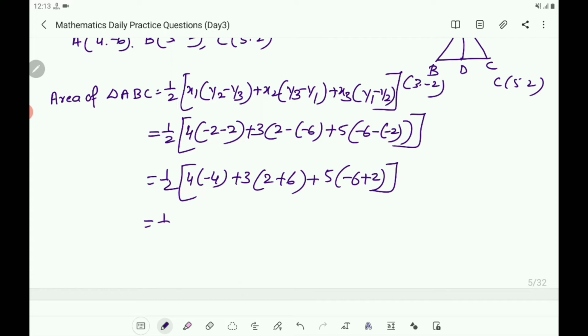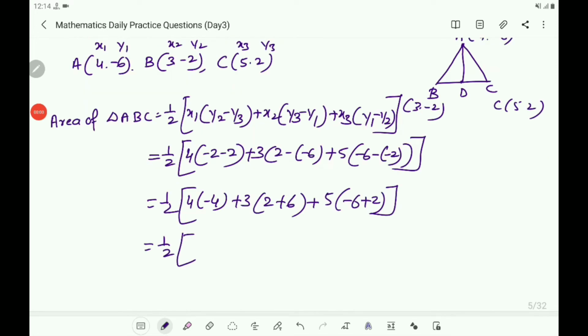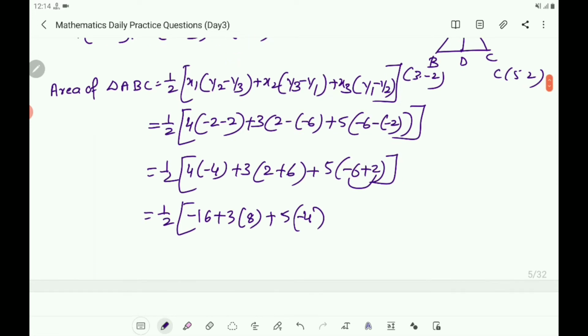That equals 1 by 2. Then 4 into minus 4, that is minus 16, plus 3 into sum of 2 and 6 is 8, plus 5 written as it is, and what is the sum of minus 6 plus 2, that is 6 minus 2 is 4, minus 4, sum of minus 6 and plus 2 is minus 4.